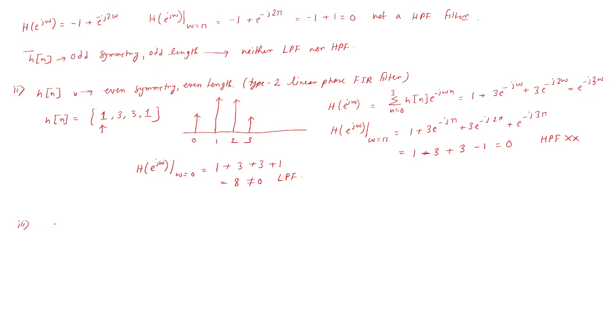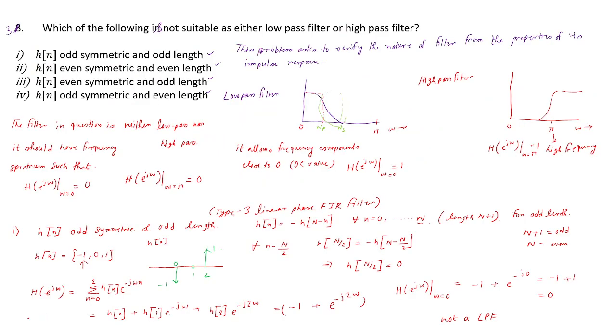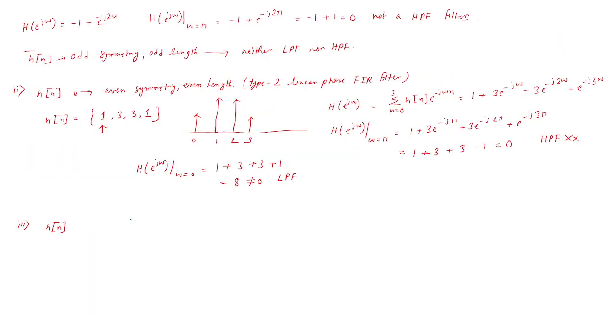So let us move to our third option, where h[n] is even symmetric. h[n] satisfies these two properties, even symmetry and odd length.